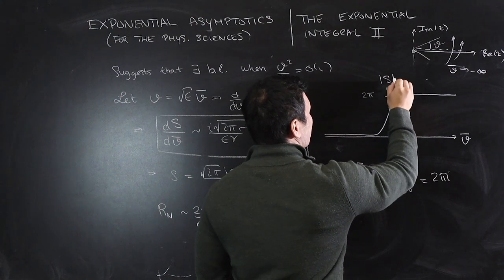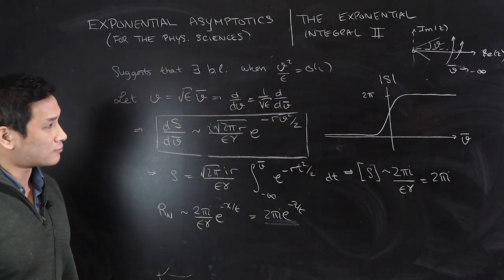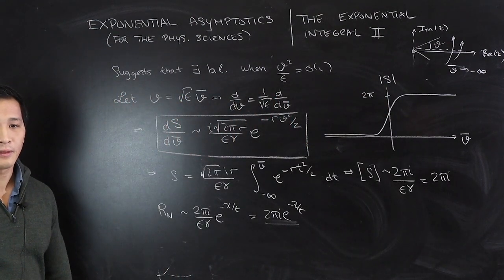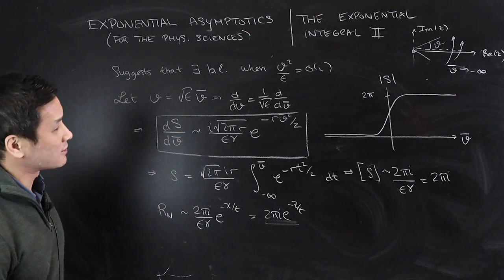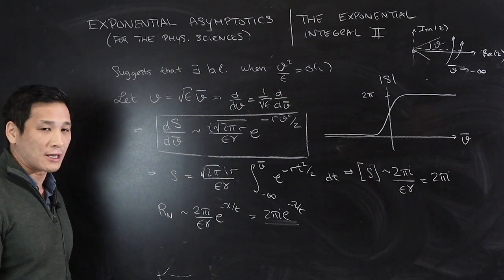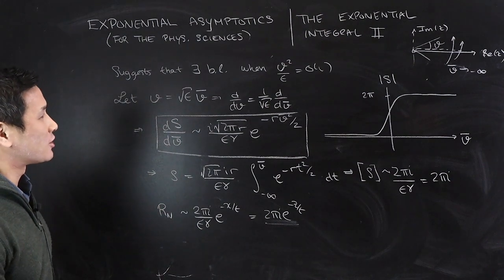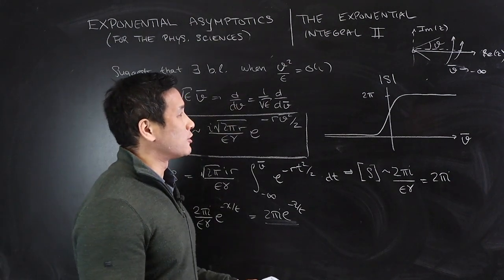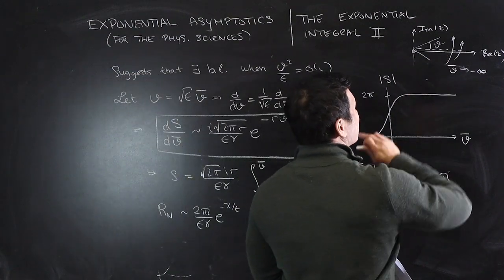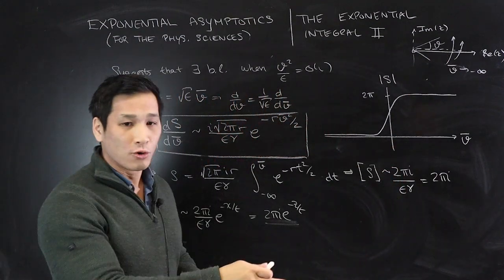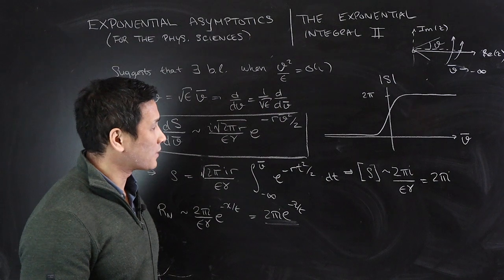So if I plot the magnitude. Okay. So this is what's known as Stokes switching. So that's why this process is called optimal truncation and Stokes line switching. It's basically you have optimally truncated the asymptotic expansion. You've then zoomed in near the Stokes line and you've smoothed out that Stokes line.